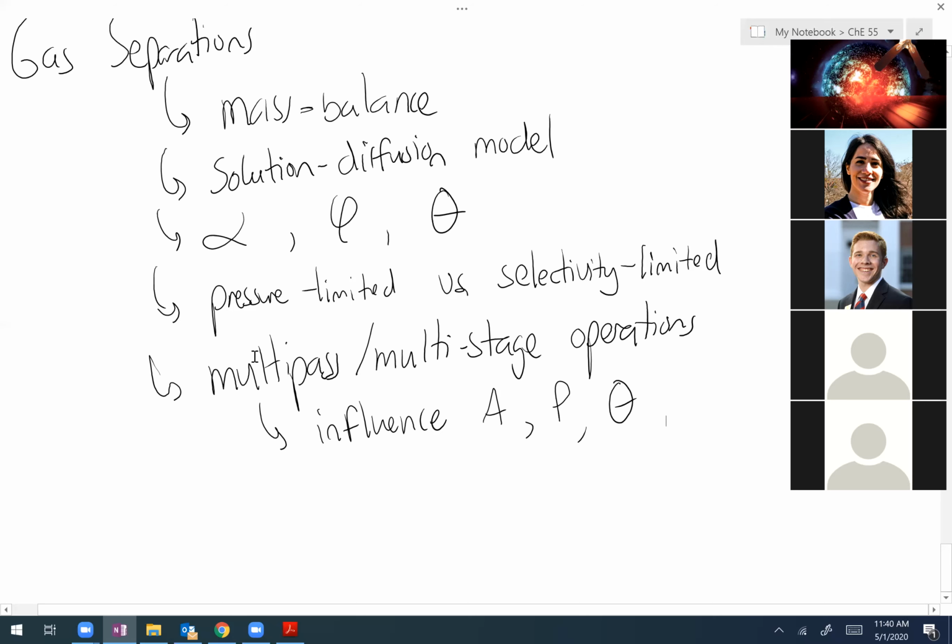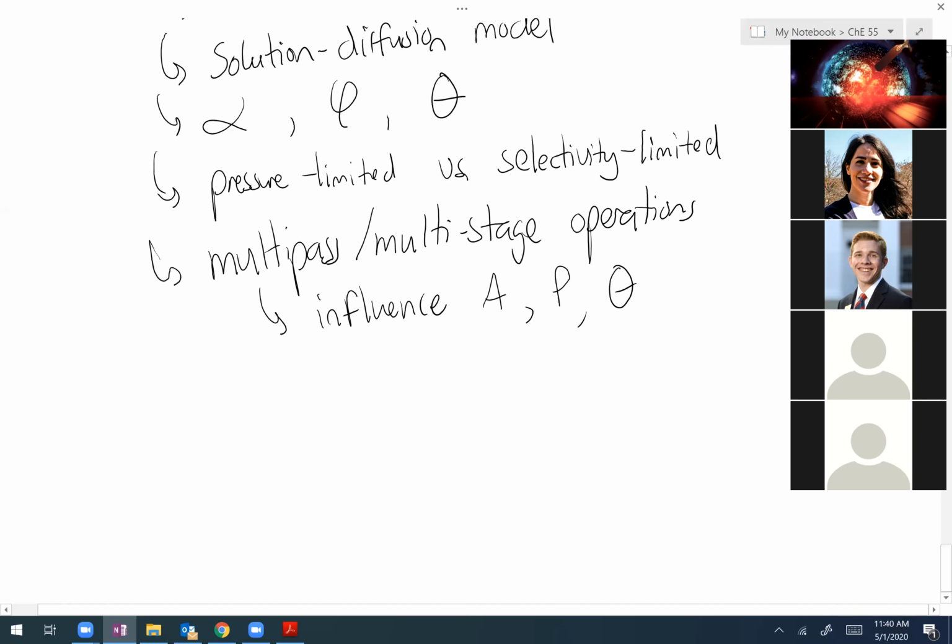So the key thing to note is when you're looking at a pressure limited system, selectivity isn't really going to come into play because the driving forces aren't sufficiently high enough for that to be a major factor in your overall process. But as your driving force increases, then the membrane's ability to selectively separate things is going to be a factor.